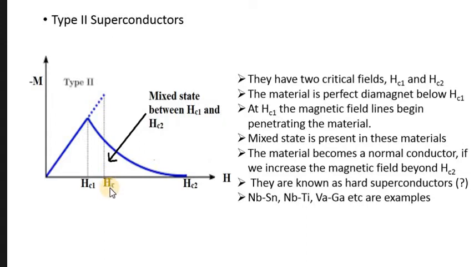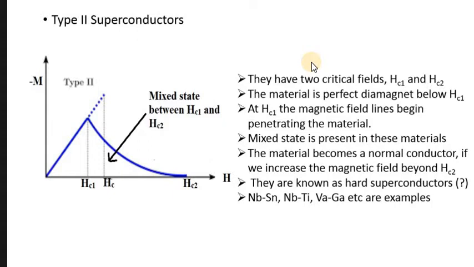The properties of type 2 superconductors are they have two critical fields, Hc1 and Hc2. The material is a perfect diamagnet below Hc1. At Hc1, the magnetic field lines begin penetrating the material, and a mixed state is present.